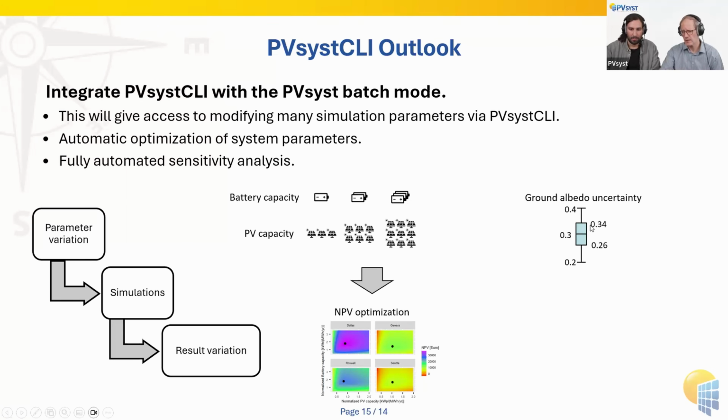Then, since the ground albedo is a parameter that you can change with the batch mode, you could run PVsystCLI for different ground albedos, regroup the results, and get the mapping of this uncertainty to an uncertainty of your PV generation. So this is also a useful way to use the command line interface in a more automated way to get quick results.